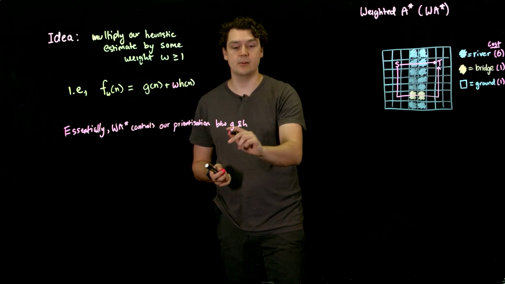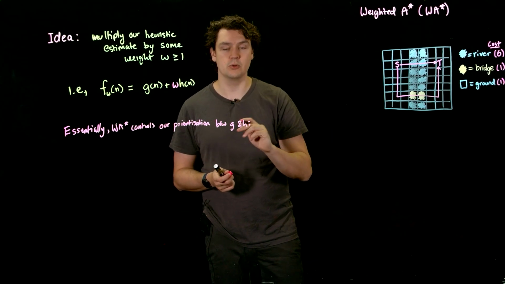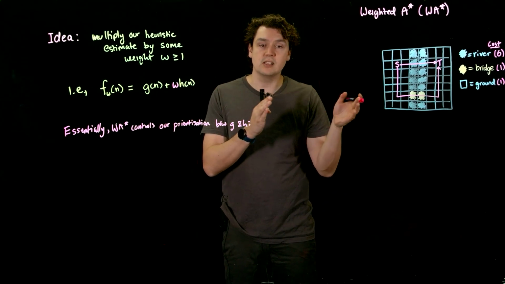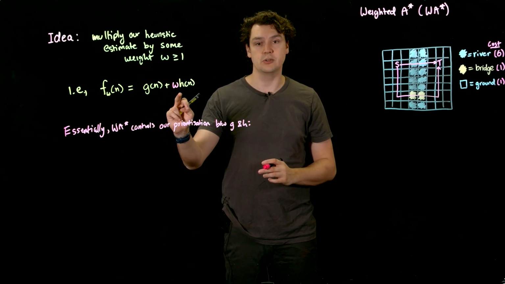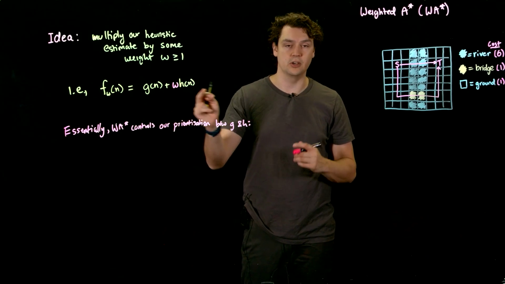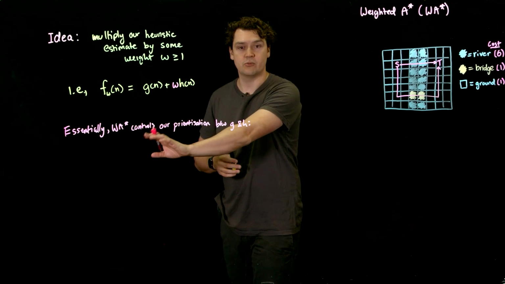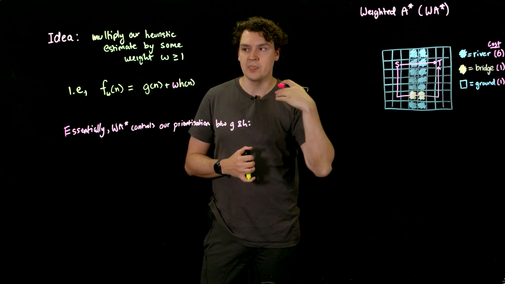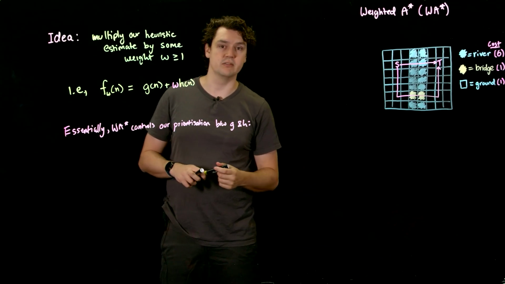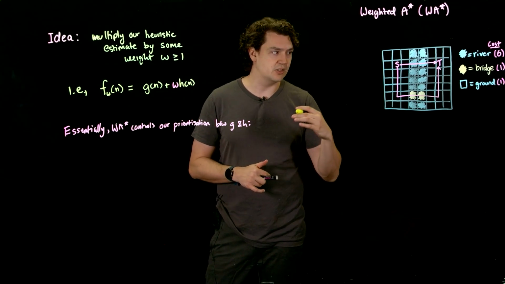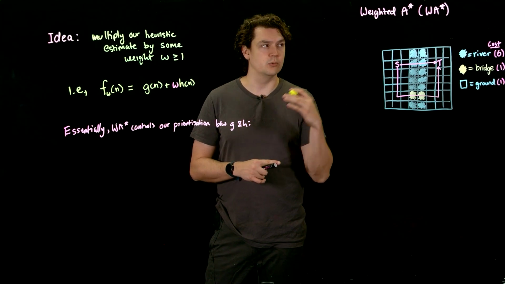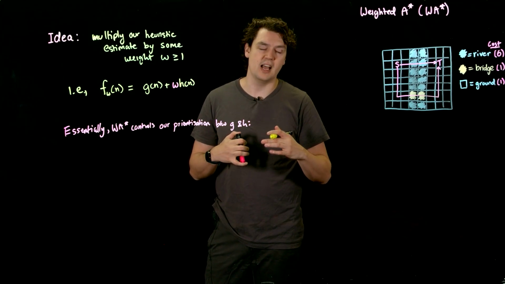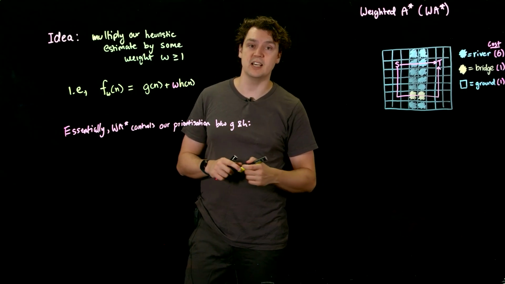Through selecting our w, we're adjusting the relative importance between our two values, the cost so far and the cost to go. So that's quite exciting. Now that we've defined weighted A star, we see that when we have different values of w, algorithms we've already talked about become, in this new terminology, a special case of weighted A star.